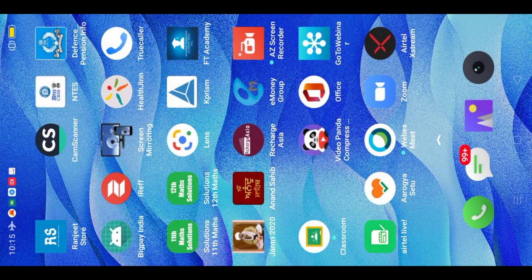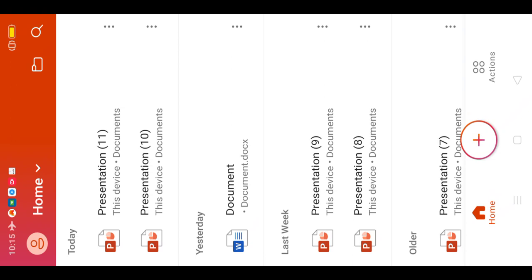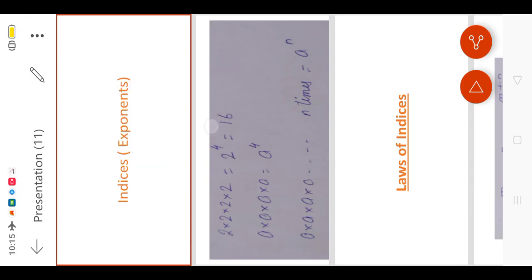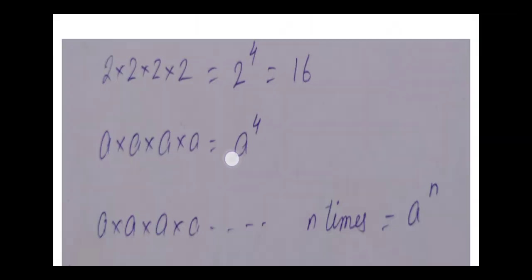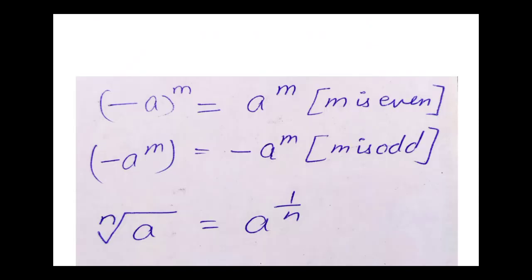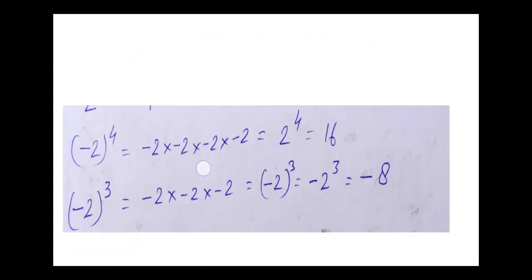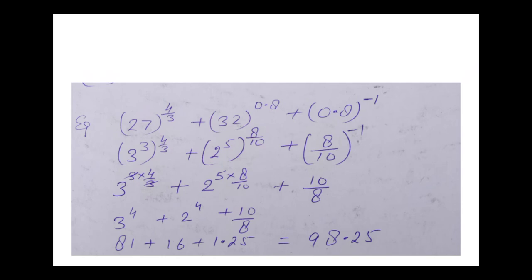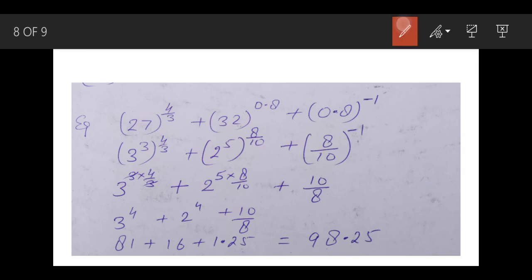In a similar way, this 32 can be written as 2 to the power 5. This is the basic thing.